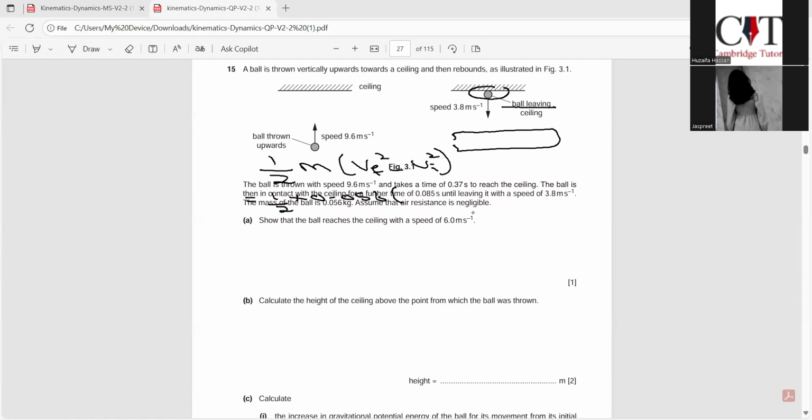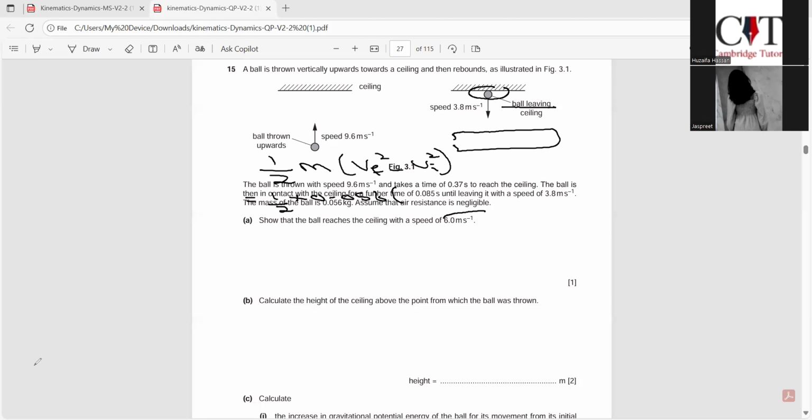So what would be the initial velocity then? 6. So it is very important to read the question. If the speed is zero, how does the ball reach the ceiling? There must be some speed so that it reaches the ceiling, right?